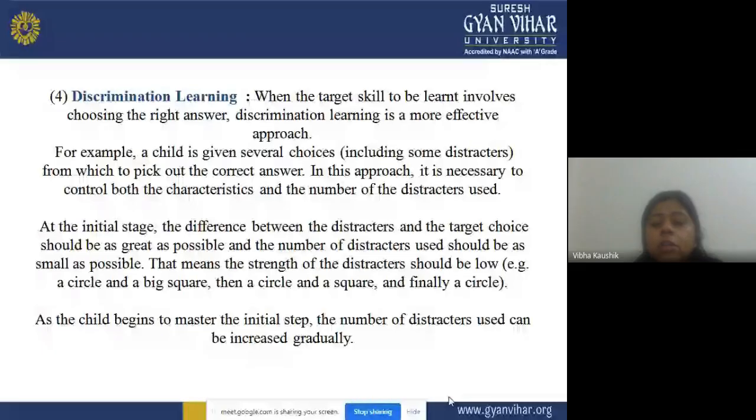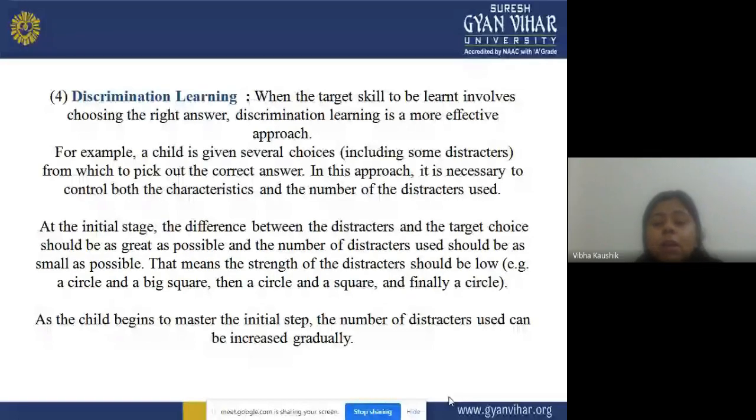What will be the correct answer? In this approach, it is necessary to consider both the characteristics and the number of distractors used. At the initial stage, the difference between the distractors and the target choice should be as great as possible, and the number of distractors used should be as small as possible.